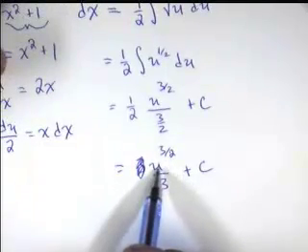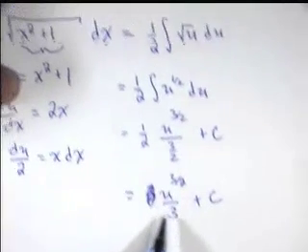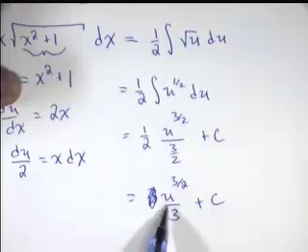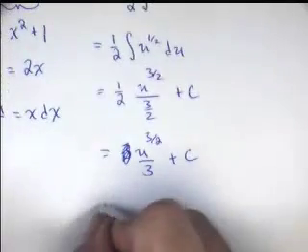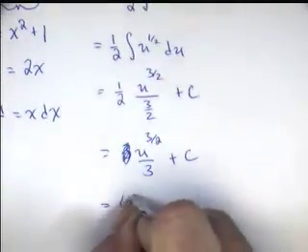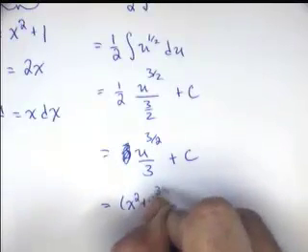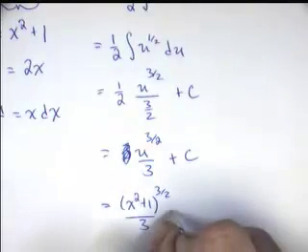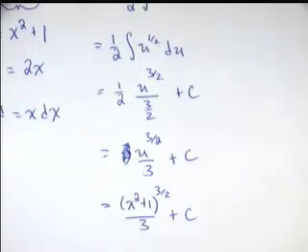U was x squared plus 1 originally, so we want to go back and put the x squared plus 1 where the letter u is. This gives us then x squared plus 1 to the 3/2 over 3 plus a constant. Let's stop there for a minute.